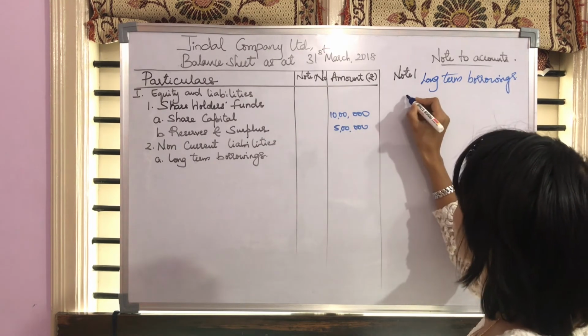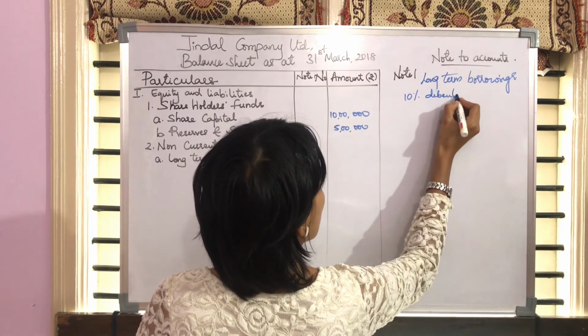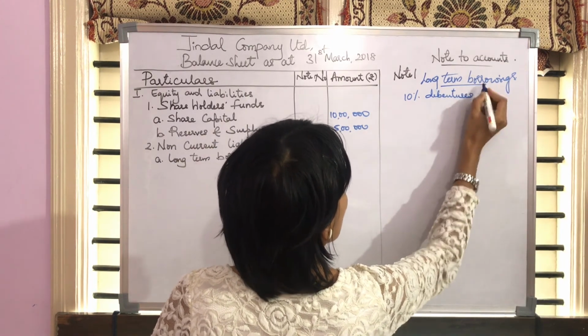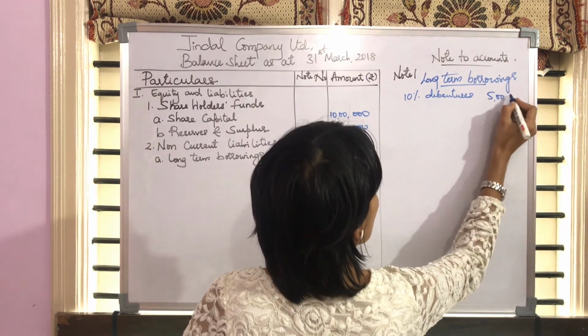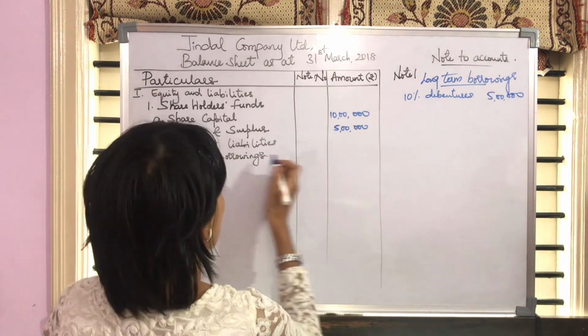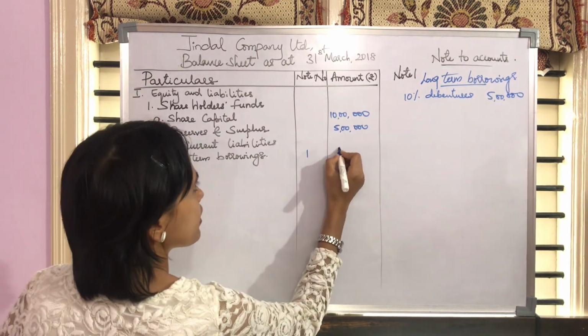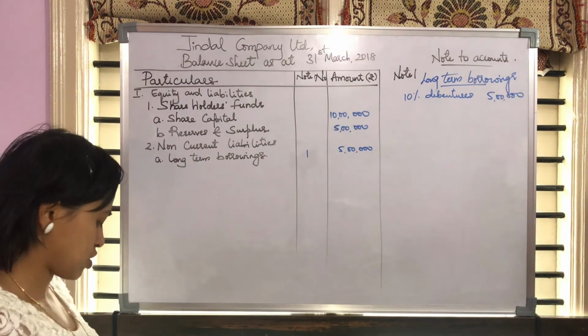My first long-term borrowing is nothing but 10% debentures. Amount given is 5 lakh. I will make this as note number 1, right? 5 lakh in the amount column.